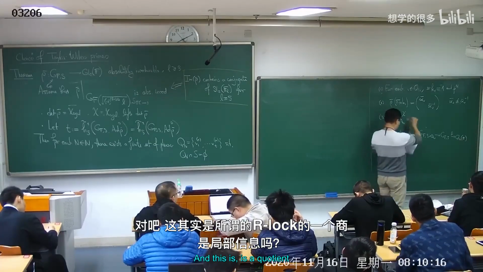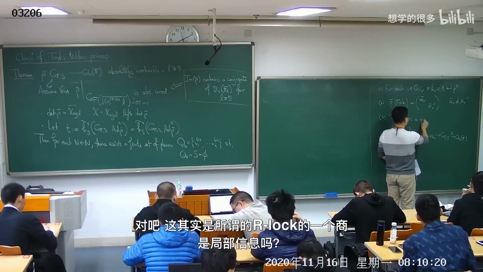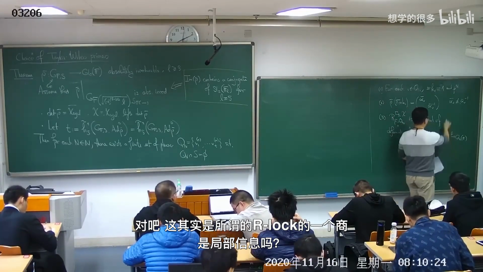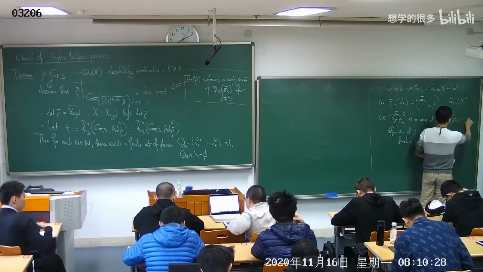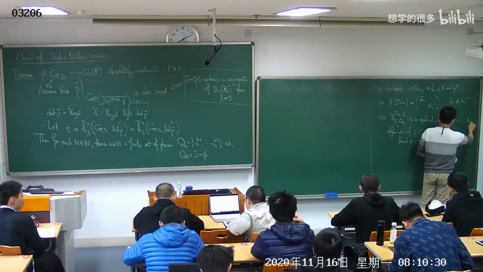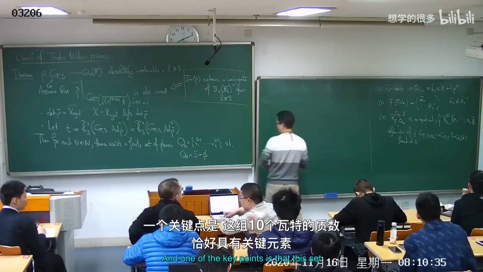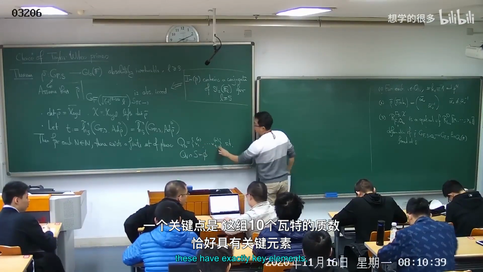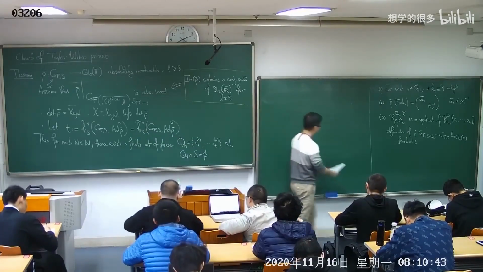And this is a quotient of the so-called R log, the local deformation ring, X T. And one of the key points is that this set of Taylor-Wiles primes has exactly T elements, being the same T as the dimension.